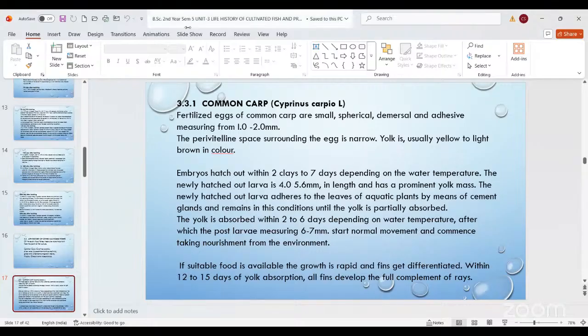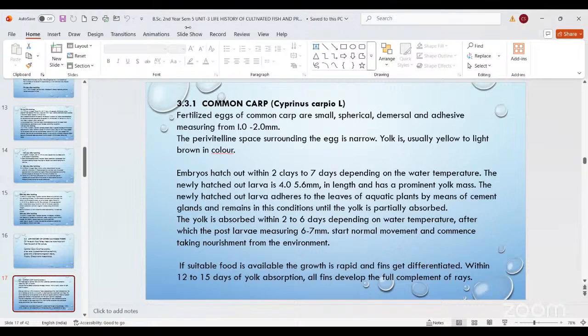Embryos hatch out within 2 days to 7 days, depending on the water temperature. The newly hatched larva is 4 to 5.6 mm in length and has a prominent yolk mass.